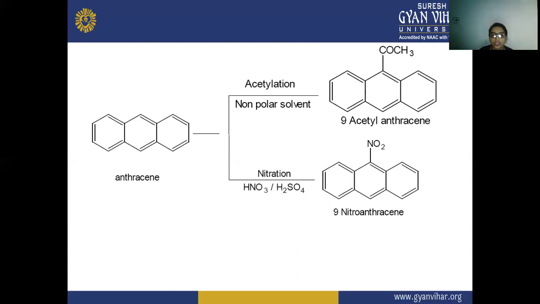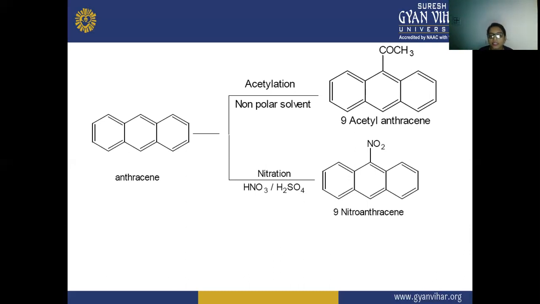So here you can see anthracene. In the electrophilic substitution reaction, four reactions are involved. First is halogenation. In halogenation, the halogen is attacking the ninth position of the anthracene ring.